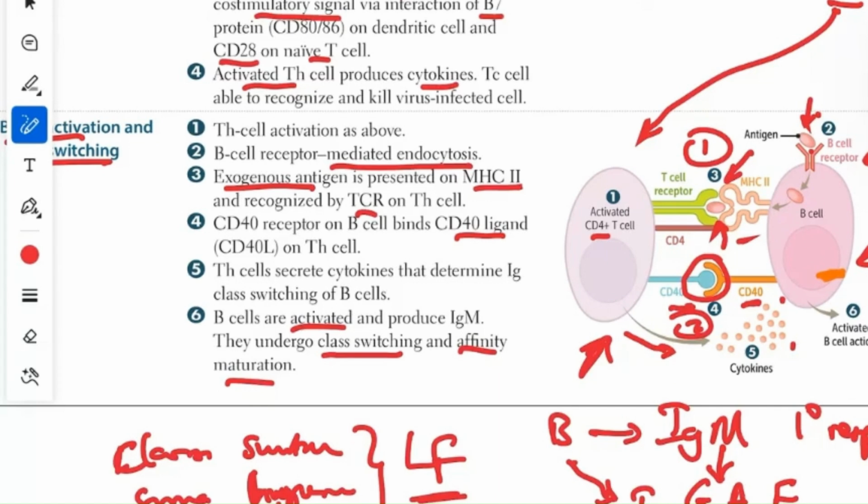All right. So class switching and somatic hypermutation are done by B cells after they have been activated. The whole essence of class switching and somatic hypermutation is to produce antibodies that have a higher affinity for the antigen, and will respond better to that antigen to stop the infection far better or faster.